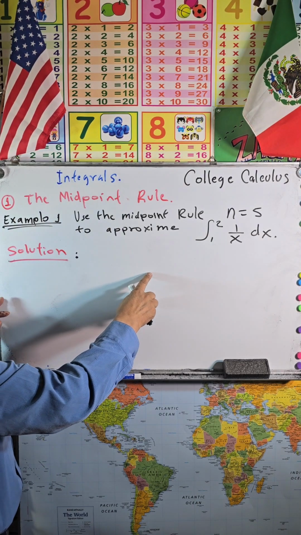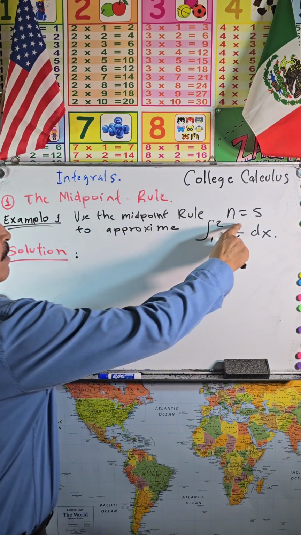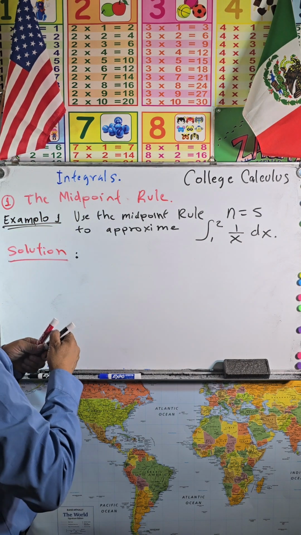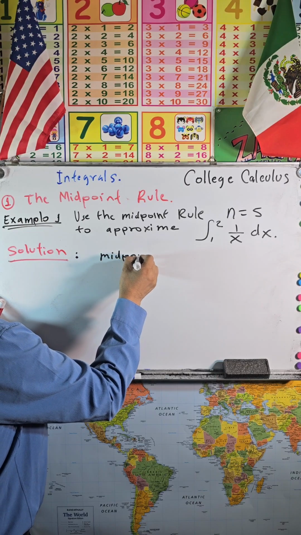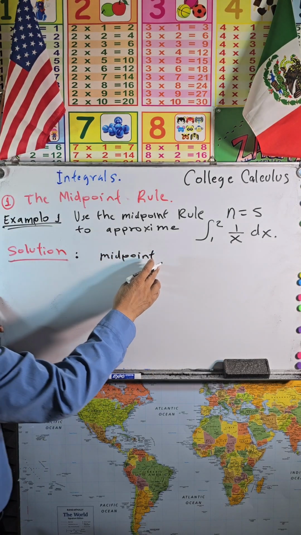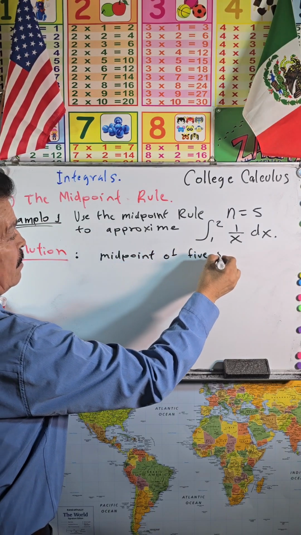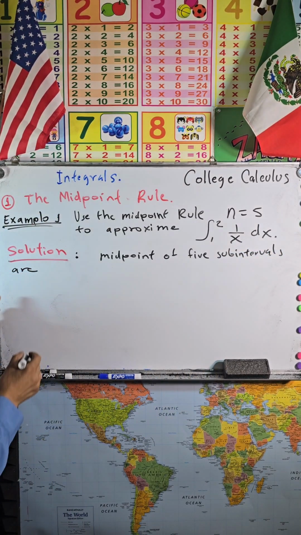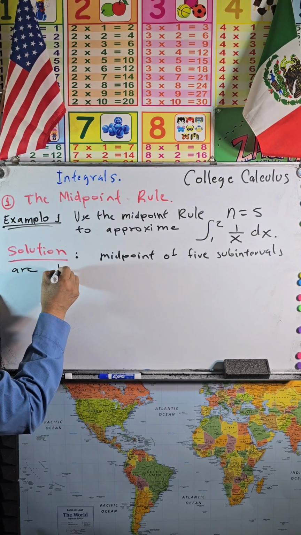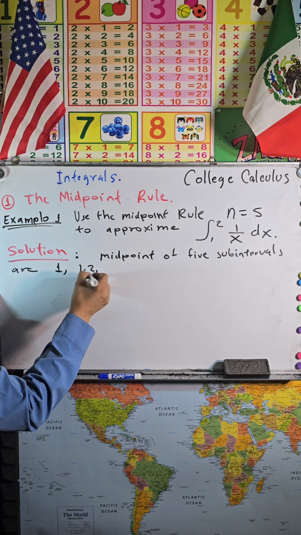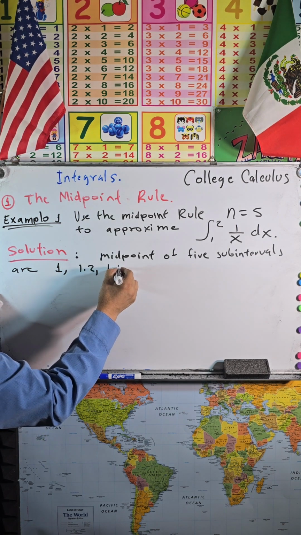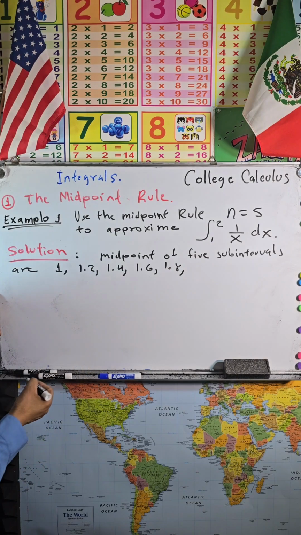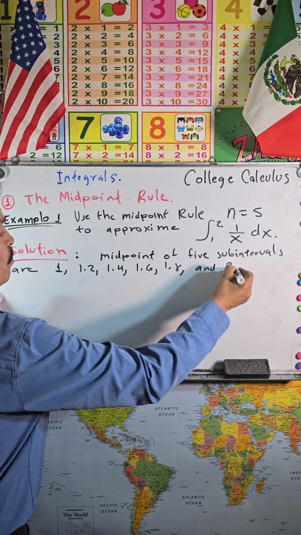The endpoints of the 5 subintervals are 1, 1.2, 1.4, 1.6, 1.8 and 2.0.